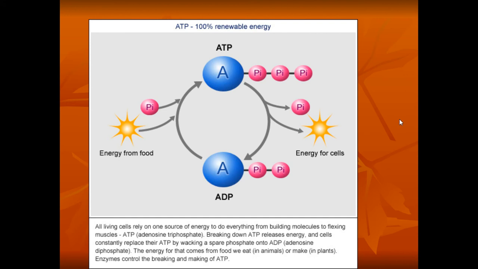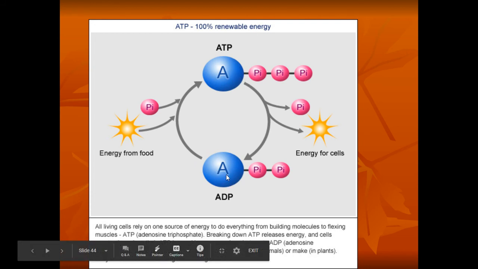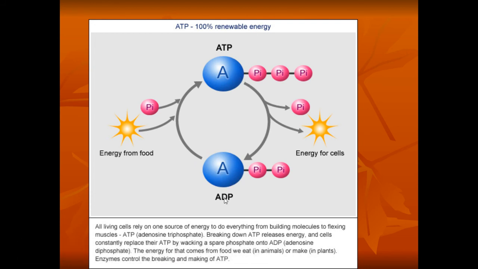Then I just wanted to quickly go over how energy molecules work and how they produce or carry energy. So if we remember from our chemistry unit, we talked about how bonds hold energy. ATP and ADP, notice how similar they are. ADP, like we said, stands for adenosine diphosphate, meaning it has two phosphates, whereas ATP stands for adenosine triphosphate, meaning it has three phosphates on it.